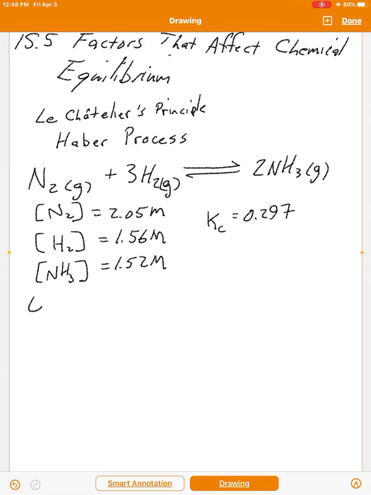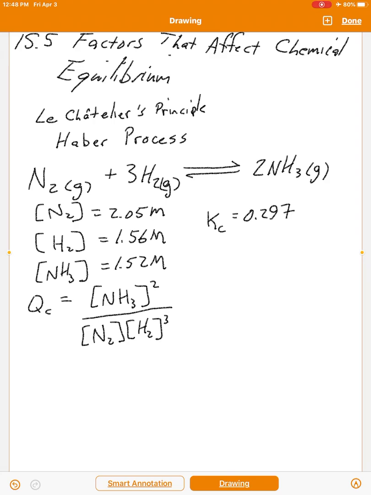Remember what you do? You compare Q to K. If Q is equal to K, that means you're at equilibrium. So the expression for Q would be the concentration of NH3 squared divided by the concentration of N2 divided by the concentration of H2 to the third power.